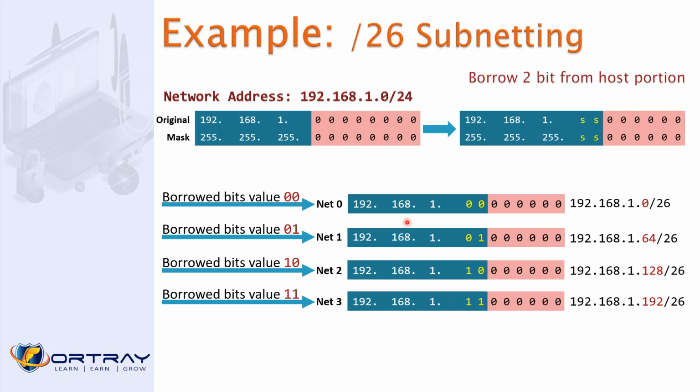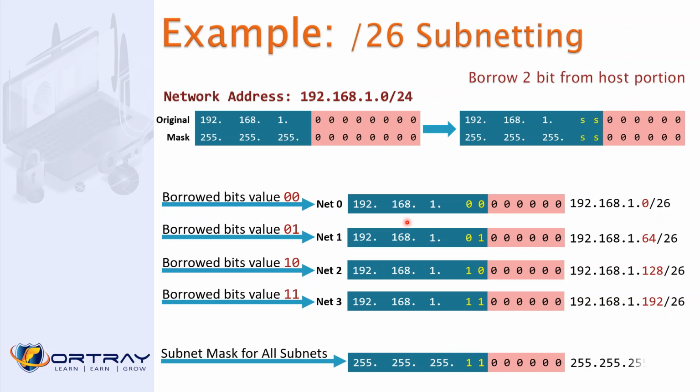What will the subnet mask be, by the way? 255.255.255, and 2 bits we borrowed, 128 plus 64, 192. So for all of them the subnet mask will be this, because we borrowed 2 bits, right, guys? Whenever we borrow 2 bits, these 2 bits are now part of the network portion.